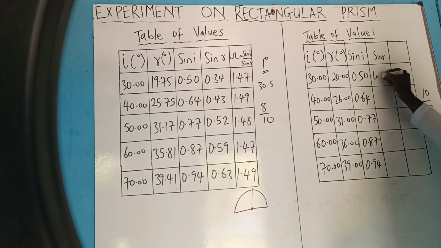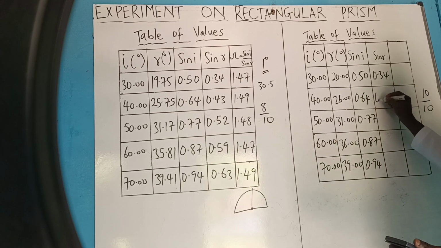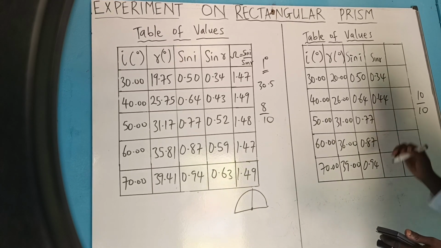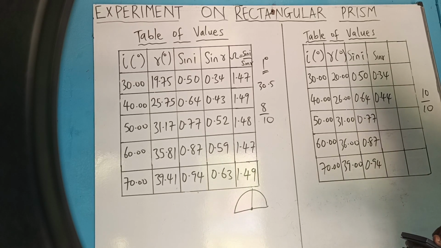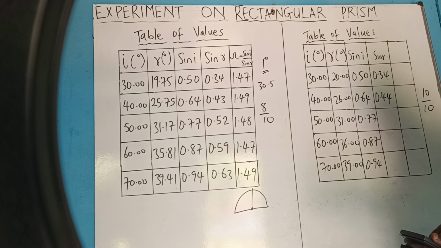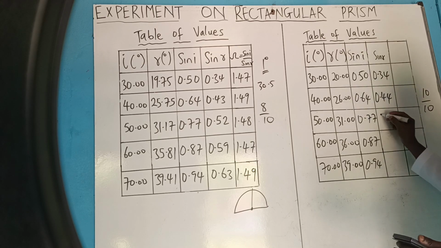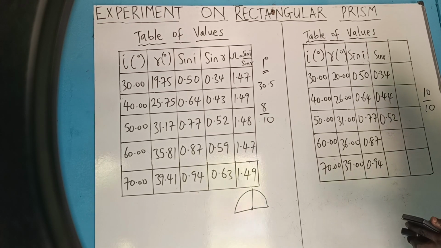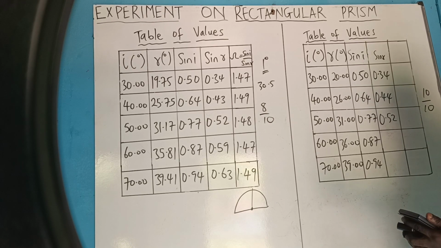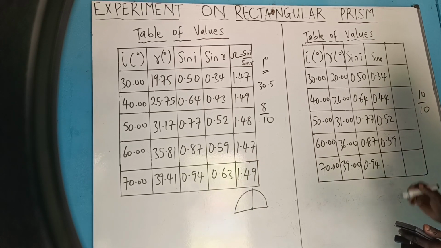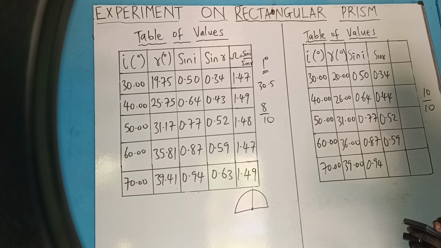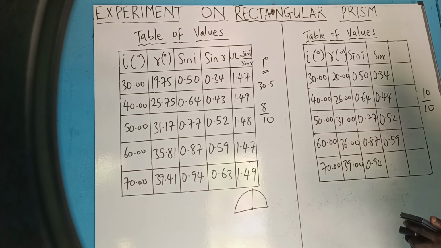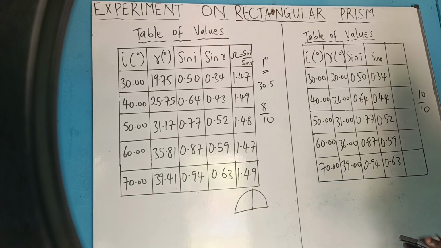Sine 20 equals 0.34, 0.44, sine 31, 0.52, sine 36, please, 0.59, sine 39, 0.63.